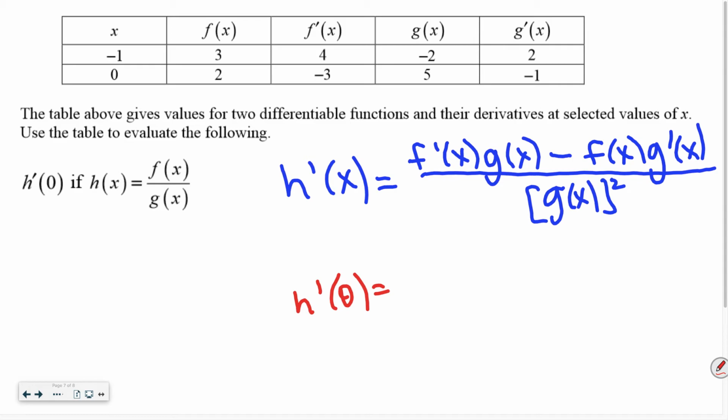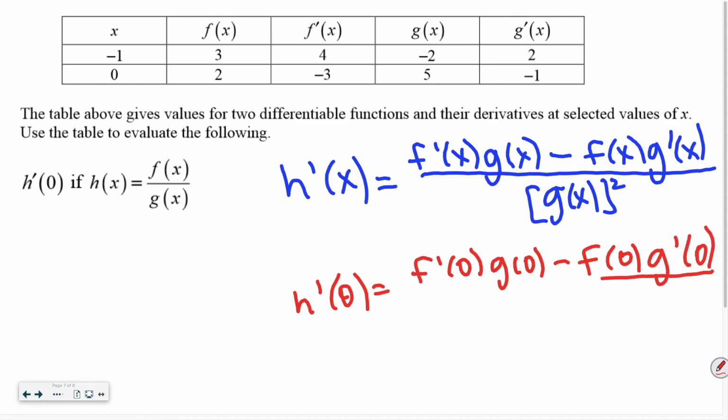Okay? So if we plug 0 in, we want f prime of 0 times g of 0 minus f of 0 times g prime of 0 all over g of 0 squared.